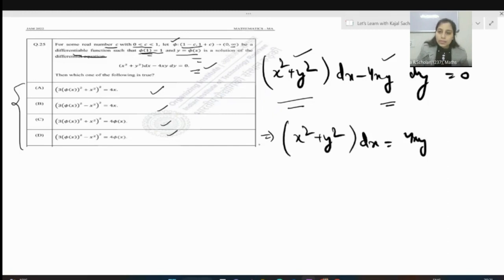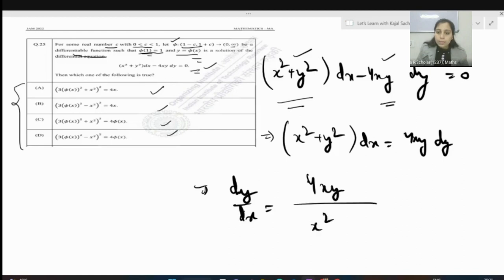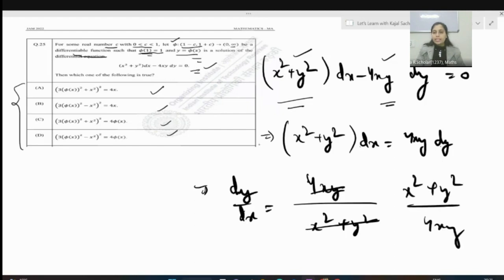Just take 4xy to the right hand side. Now dy upon dx will be equal to 4xy upon x square plus y square. Sorry, this will become the numerator and this will become the denominator, so dy upon dx is equal to x square plus y square upon 4xy.